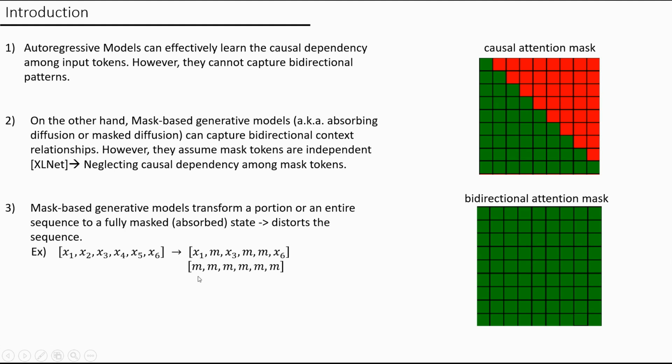And if we completely mask the input sequence, we get something like this. This corruption procedure is somewhat unnatural and distorts the sequence, so it may complicate the task of learning the corresponding noise to data mapping.